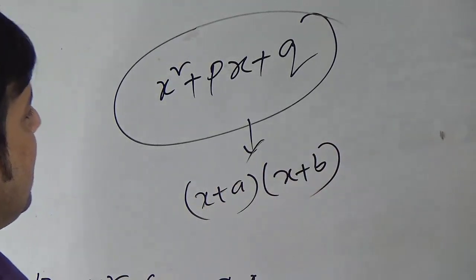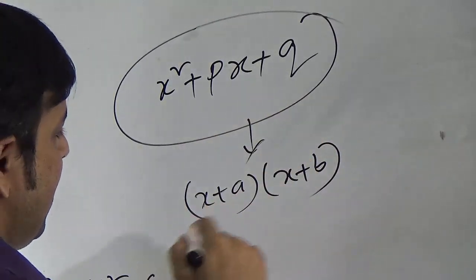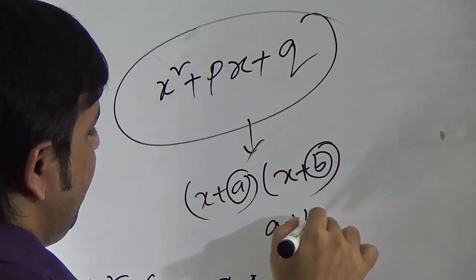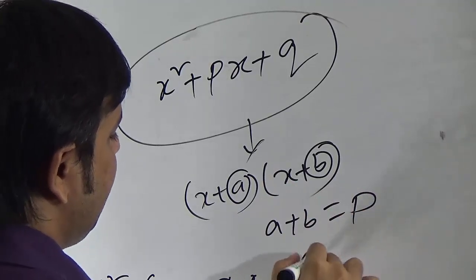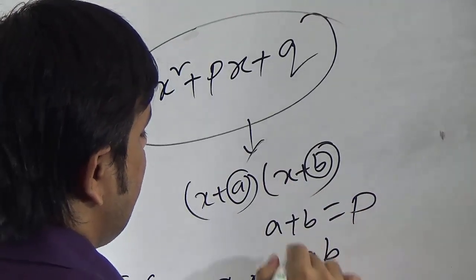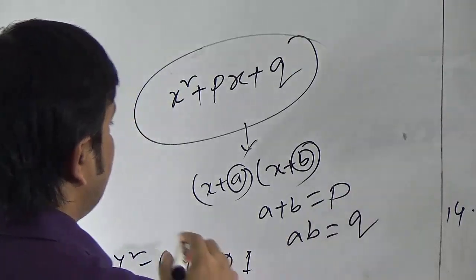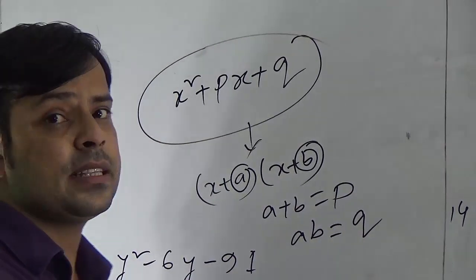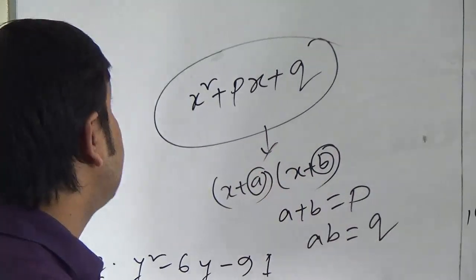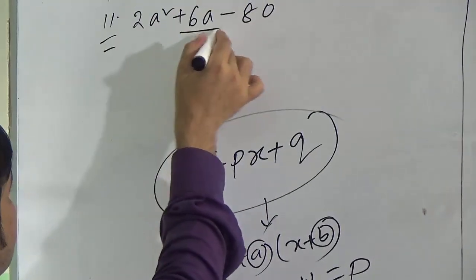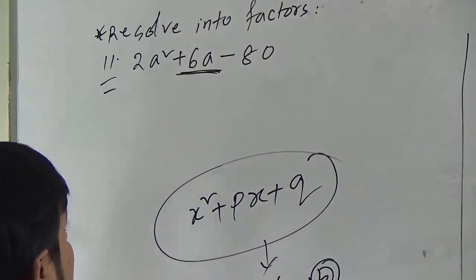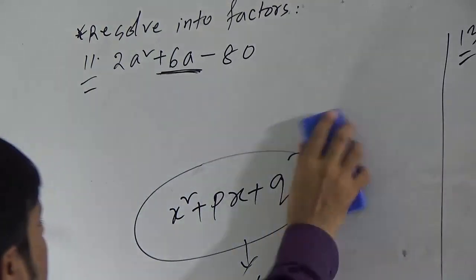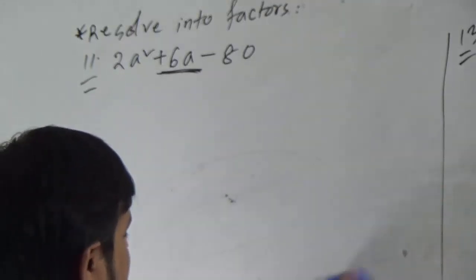In this case, remember that the sum a plus b will be p, and the product of a and b will be q. This rule is known as middle term factorization. It means that we'll write the middle term as two terms using a technique. What is the technique?